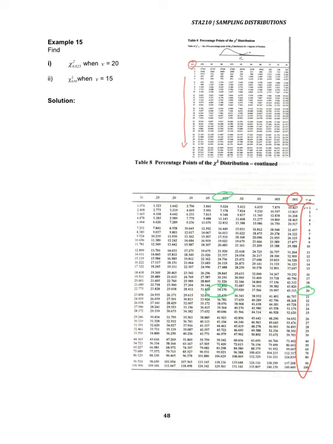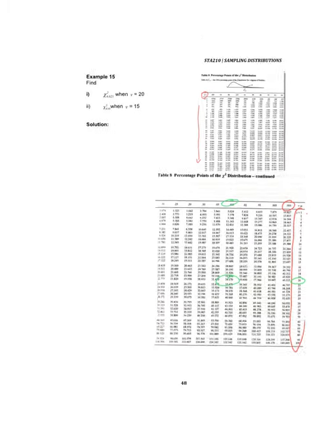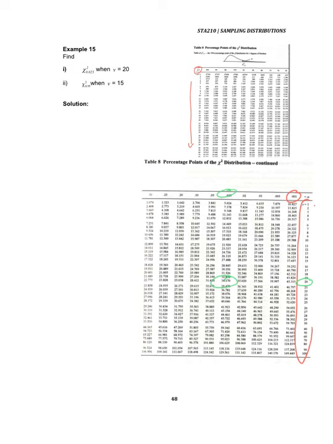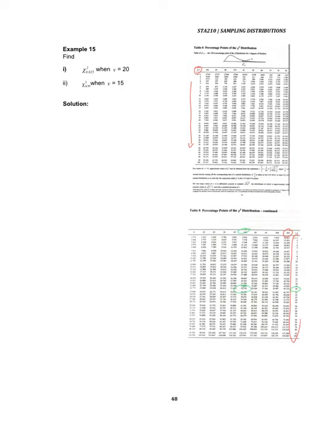Okay, so for number 1, if we draw the curve, it should be like this. It is a little different from the normal, it is a bit flat on the right side.